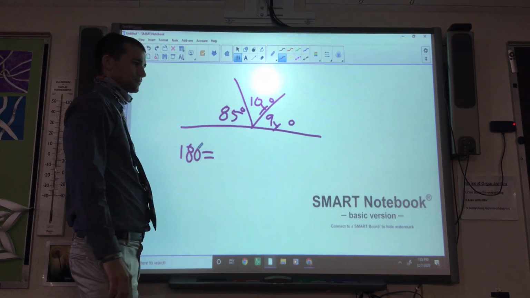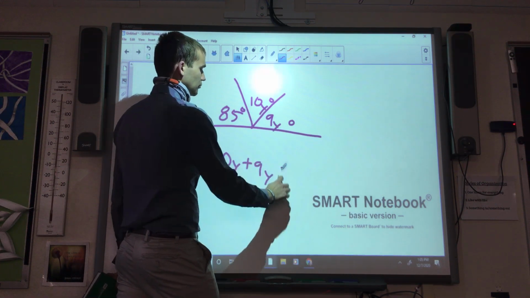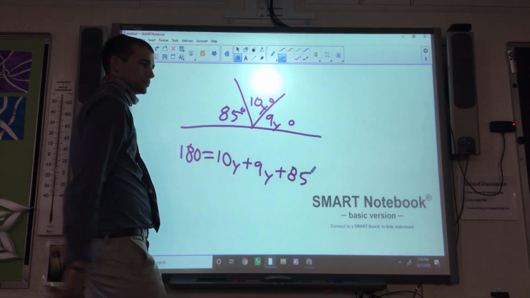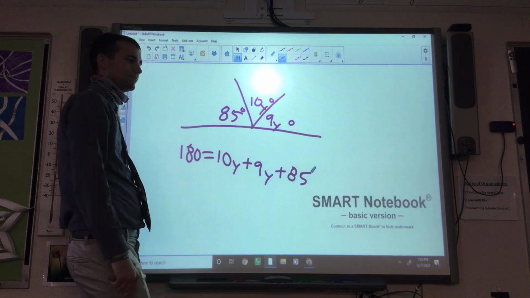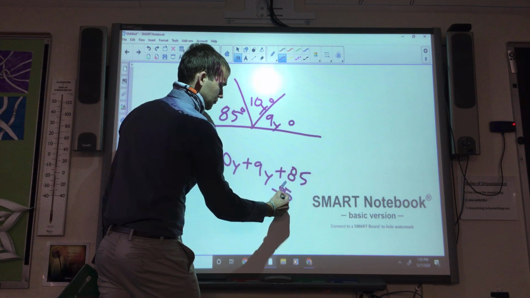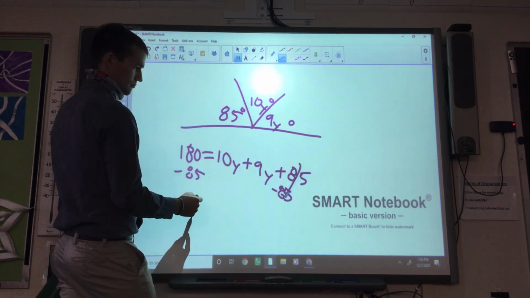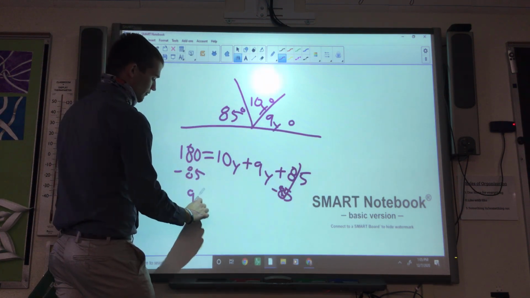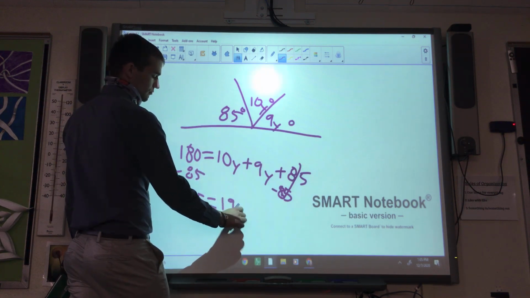10y plus 9y plus 85 equals 180. So minus 85 on both sides. 180 minus 85 is 95. 10y plus 9y is 19y.